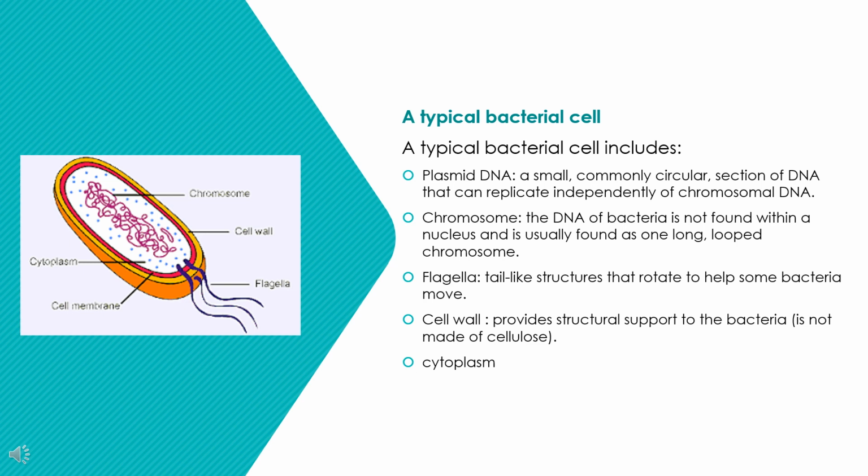Flagella: tail-like structures that rotate to help some bacteria move. The cell wall provides structural support to the bacteria, and it is not made of cellulose. And also we have the cytoplasm, which also controls all the actions in a cell.